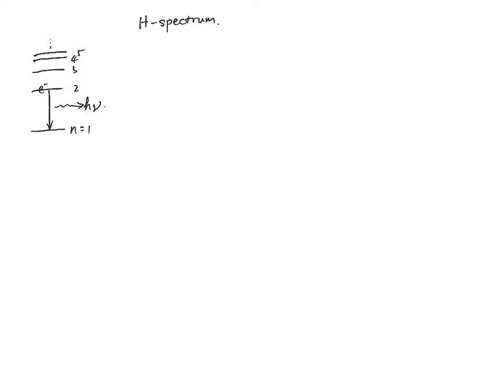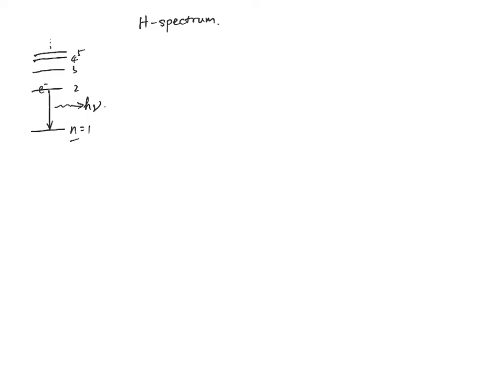The photon's wavelength can be calculated through the Rydberg equation if we know the number of these different energy levels. Therefore, only certain photons will be emitted by the electron in a hydrogen atom, and that's why hydrogen spectrum is a line spectrum.